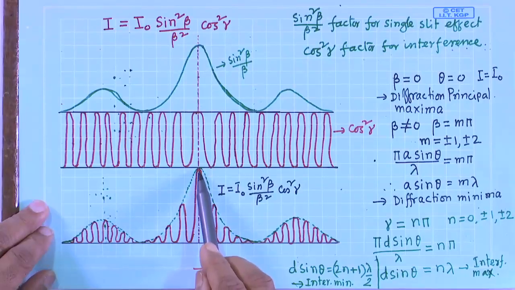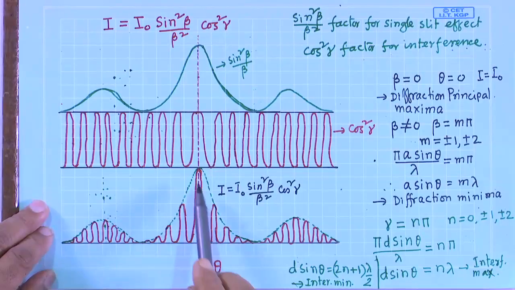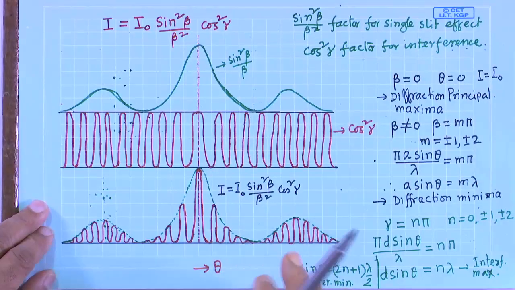At theta equal to 0 you will get maximum intensity, then the intensity decreases. Here one thing is that the maxima and minima are varying, so it may happen that an interference maximum is supposed to be at the same place as a diffraction minimum.